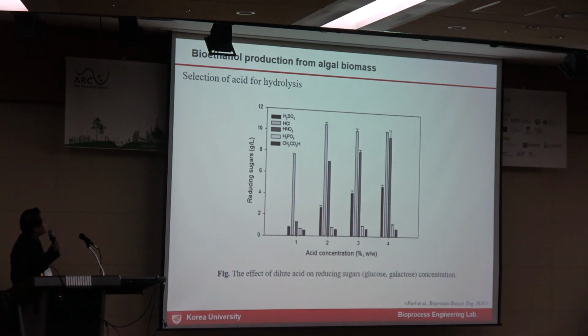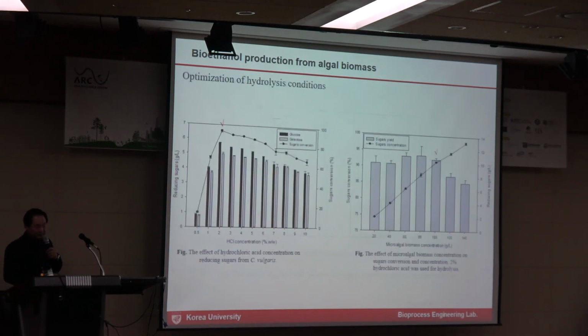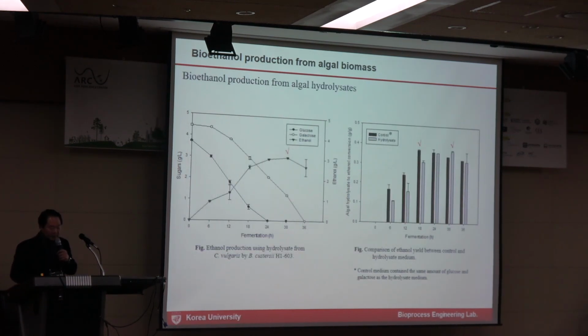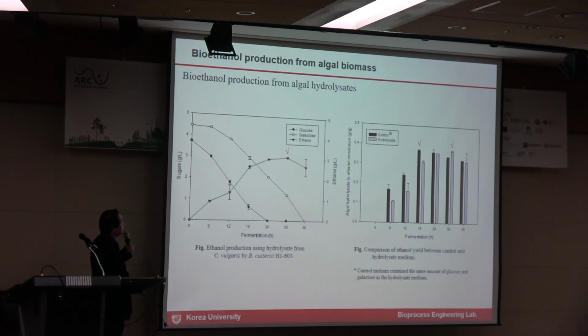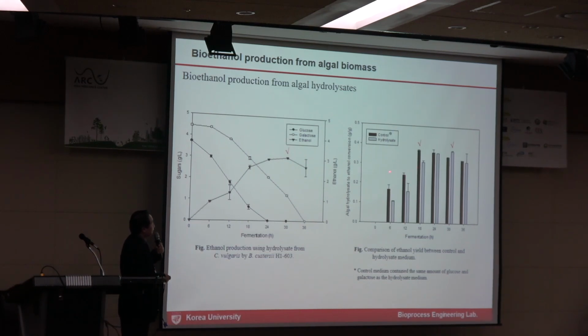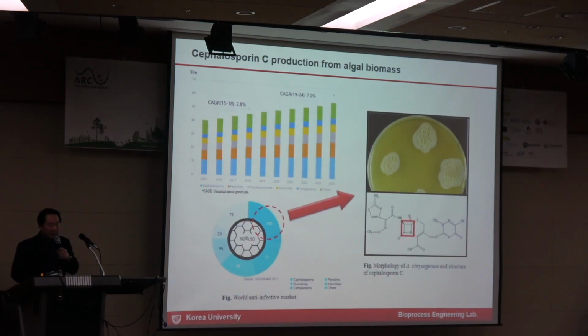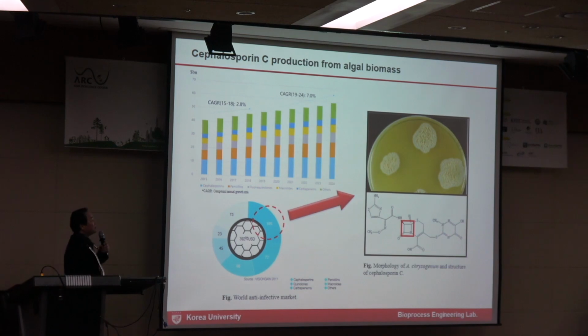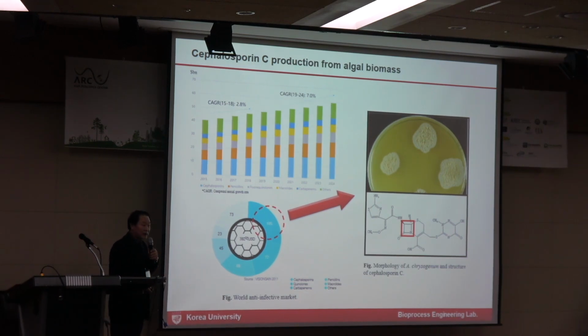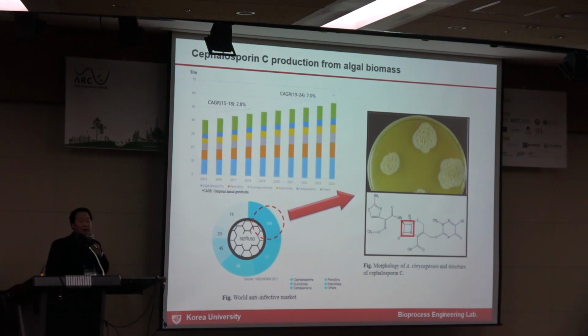So this is a result of acid hydrolysis and the optimization of hydrolysis conditions. Then you can see the consumption of glucose and galactose, and then production of ethanol.